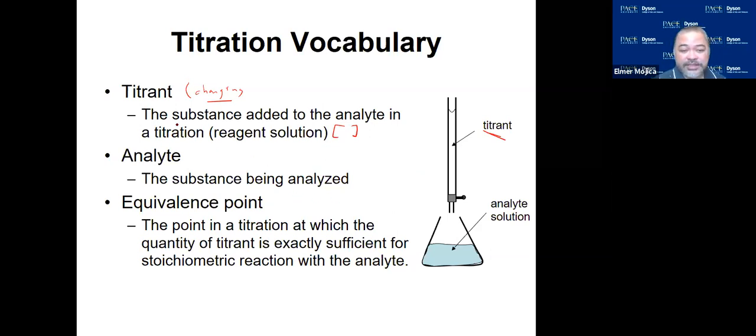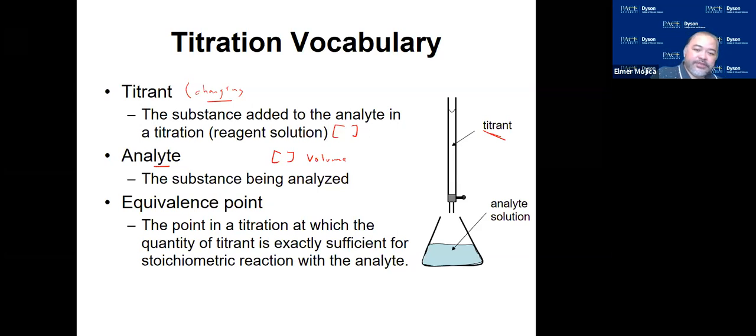Now, the one that receives the titrant is the analyte. In the analyte, you have a constant concentration and volume. You're not going to change the volume of it. What changes when you add the titrant is the total volume. So what does it mean?